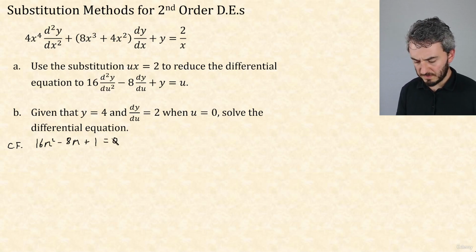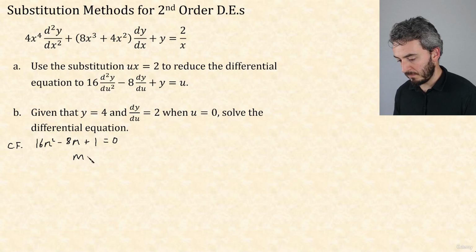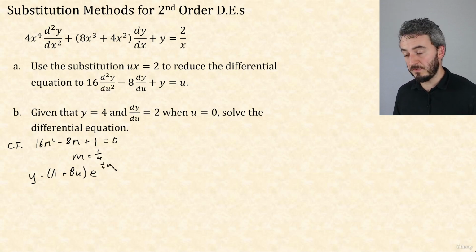This looks a bit like it's going to be repeated roots, I think. 16 minus 8, 1. Yes, repeated root of m equals a quarter. So that means we have y equals a plus bu times e to the 1/4 u. So there is our complementary function.